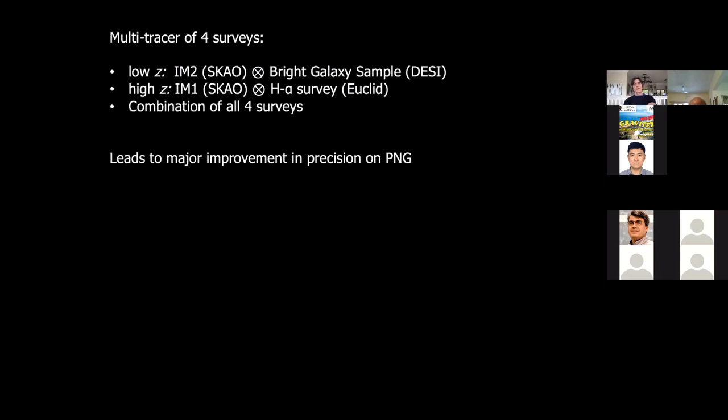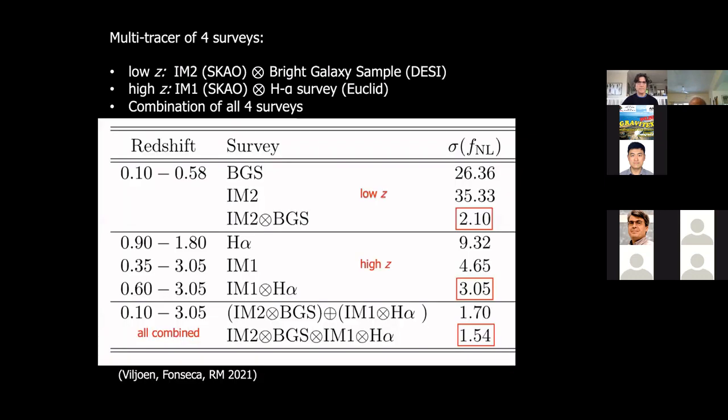First of all, I'll just make the general point that, as expected, the multi-tracer gives us a huge boost in the precision that we can reach on FNL, as expected, because it's designed to get rid of the problem of cosmic variance, which is what's standing in the way of a precision measurement. And here is a summary of the result, which is in this paper that recently came out on the arXiv.